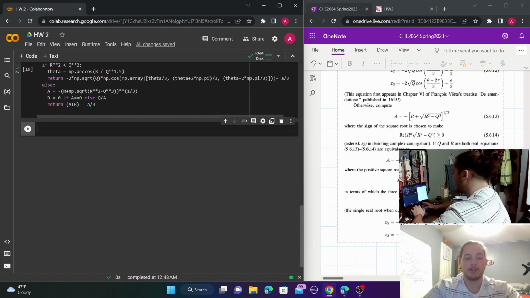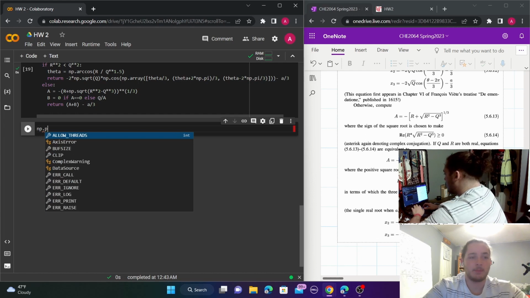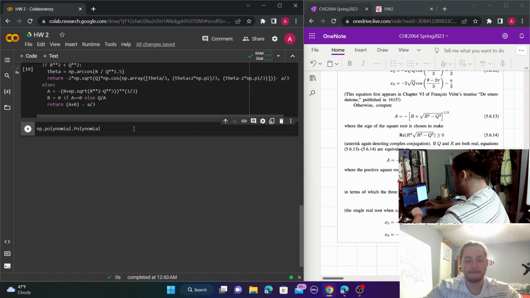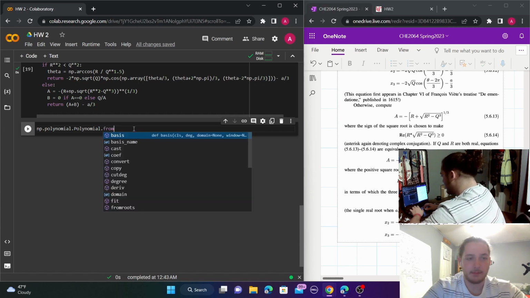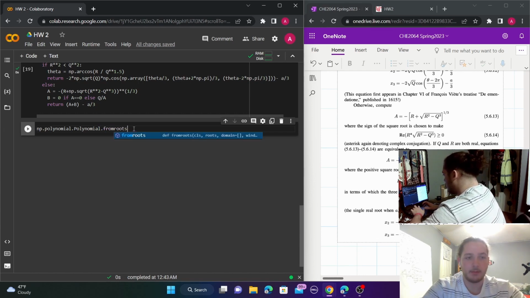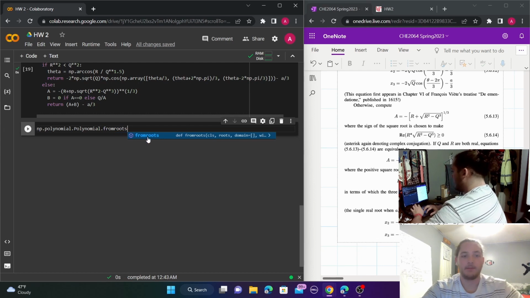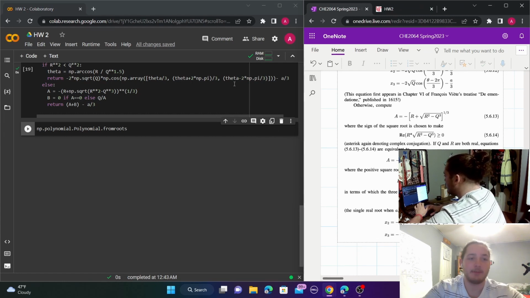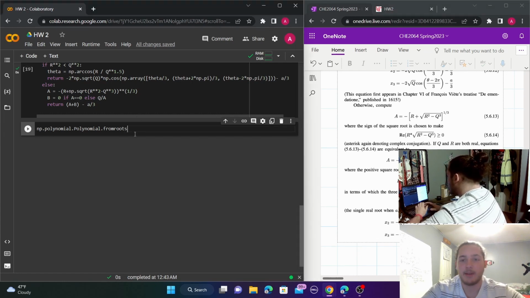To show that equation, we can go np dot polynomial dot polynomial, and then we're going to go from roots, and the from roots function just helps us evaluate our roots more efficiently.